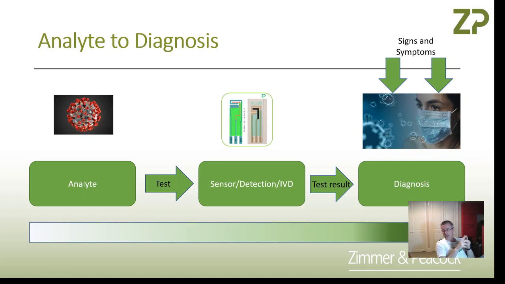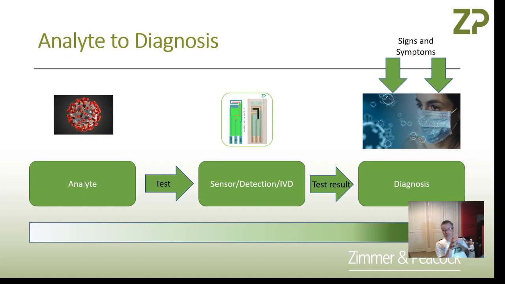And the biosensors that we're interested in are often used in diagnostics. But let's put in the context of where the biosensor comes in. So you have an analyte, and it could be COVID-19, for example. And that COVID-19 needs to be brought to the sensor. And here I have three words. We have a sensor which can do detection, and often sensors, when being used for medical applications, are sometimes called IVD, in vitro diagnostics.